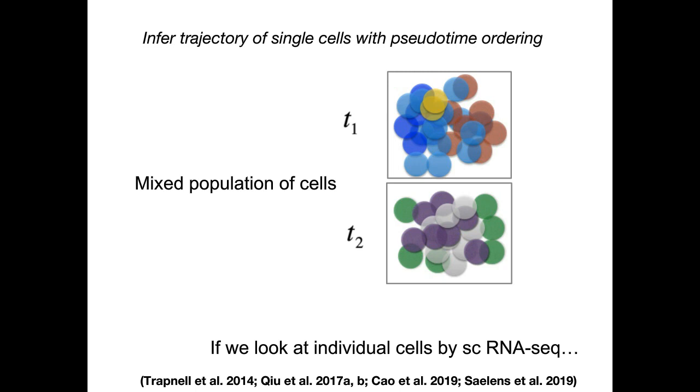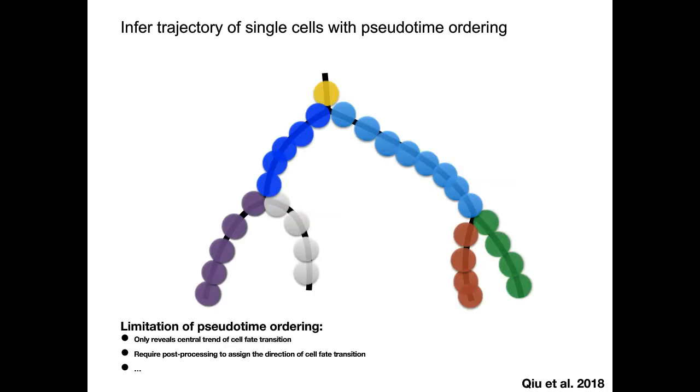With some algorithms we developed, we can automatically learn the trajectory that represents the cell progression. This kind of operation is called pseudotime. The basic idea is that we can order the cells based on the similarity of the single-cell transcriptome.